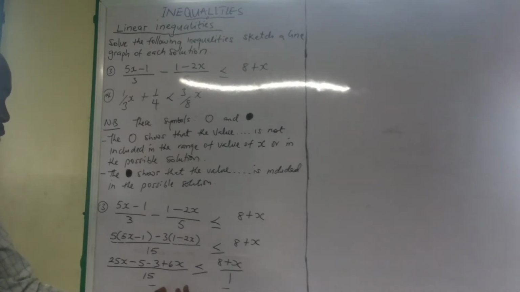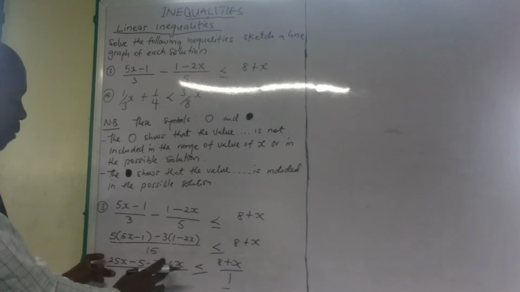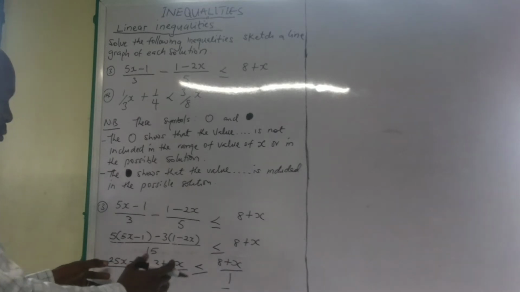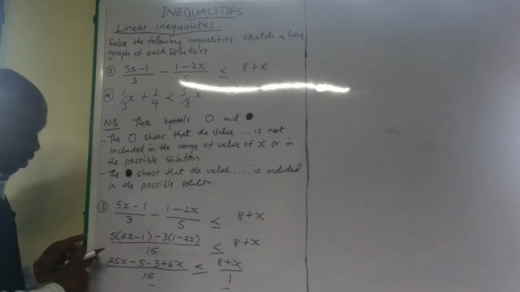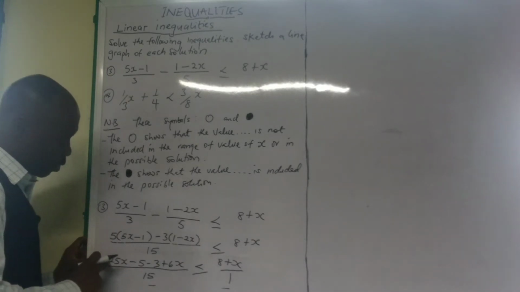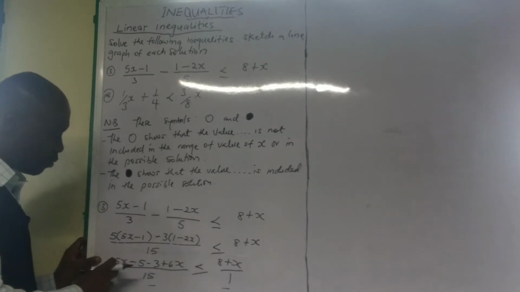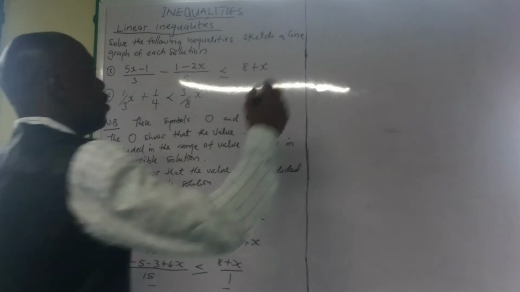Let's continue from this side. We collect all the like terms, the ones that we can remove and the ones that we can add together, from this very first equation. So if you look here, we have 25x, then we have plus 6x. When you add these two together, it gives us 31x.